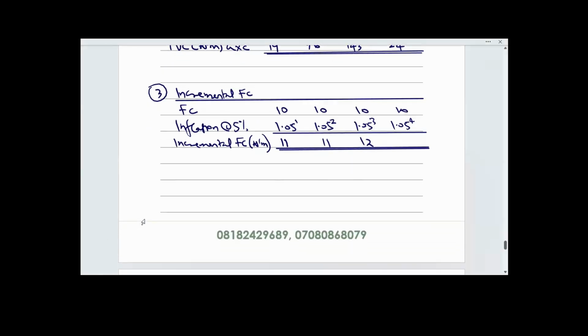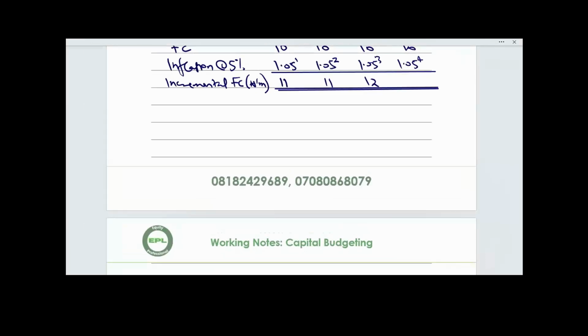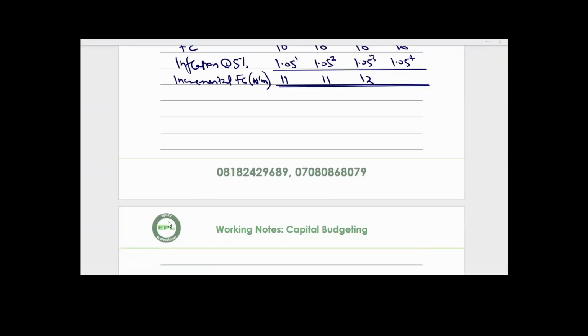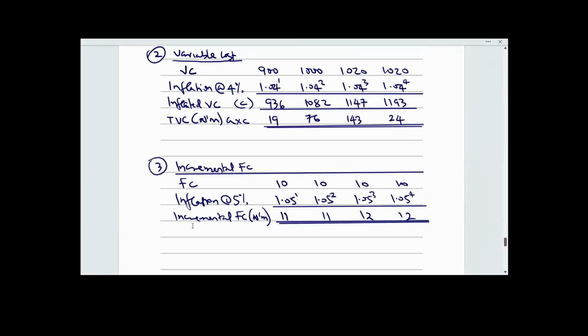The last one, 1.05 raised to power year 4 equal 1.21550625, whatever you have multiplied by 10. We got 12.1550625, rounding 12. So that is how we got the fixed cost that I've already done.